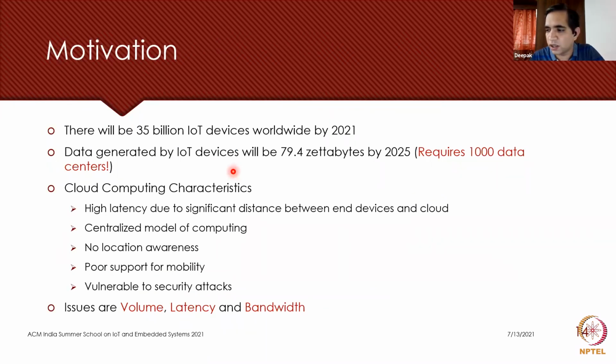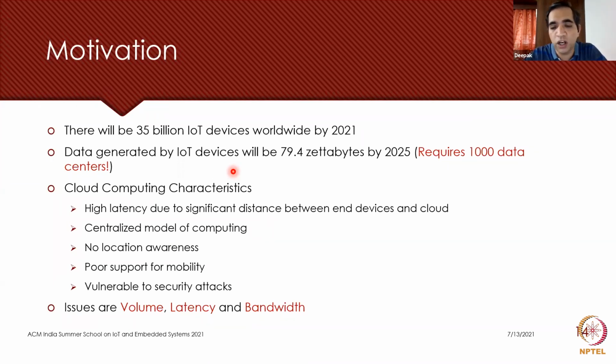I will stop with this slide. I'll just go through this slide and I'll stop here, because this is the motivation for why we need edge computing. And the reason being, as I already mentioned, there are a lot of devices that are currently connected, and obviously the emergence of IoT has made that possible.